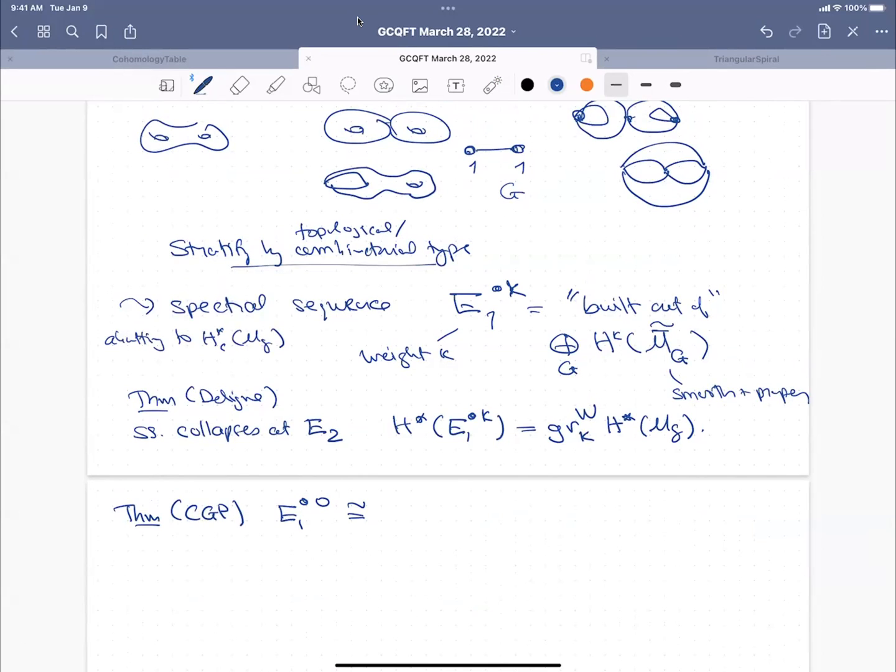So E1.0 is weight 0 compactly supported, which is Poincare dual to the top weight cohomology of M_g. This is isomorphic to the cellular cochain complex of Delta_g, which is the moduli space of stable tropical curves.